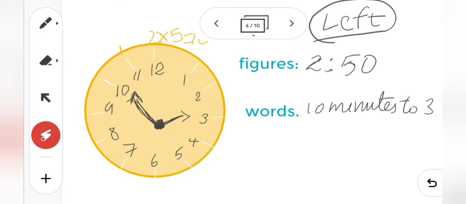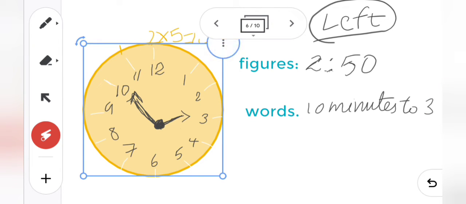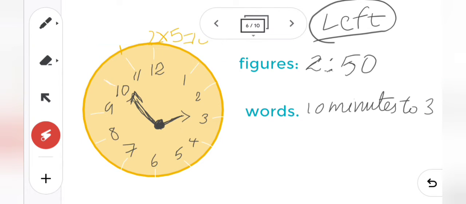So 2 into 5, 10 minutes. So it has still 10 minutes left to reach the next hour. So you have to find how many minutes are left. Understand? 10 minutes to the next hour.